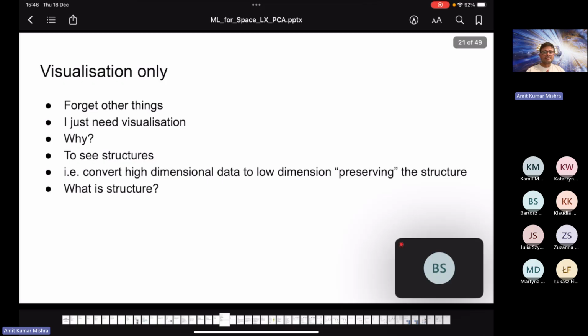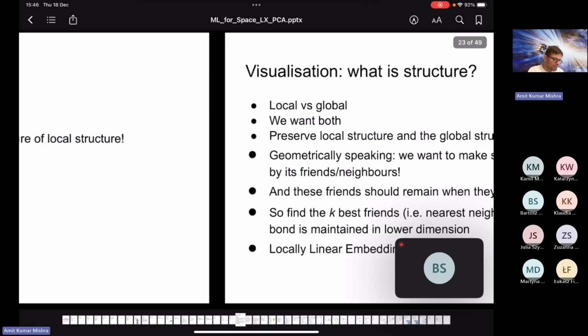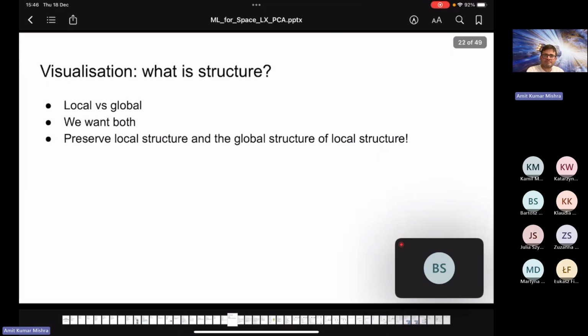The aim is that you reduce the dimension, but you make sure that the structure of the data doesn't get affected. Now, then comes the question, what do you mean by structure of the data? So structure has got two parts. One is local structure and one is global structure. And we want to preserve both of them. So we want to preserve the local structure. And if you go deep, what is local structure?